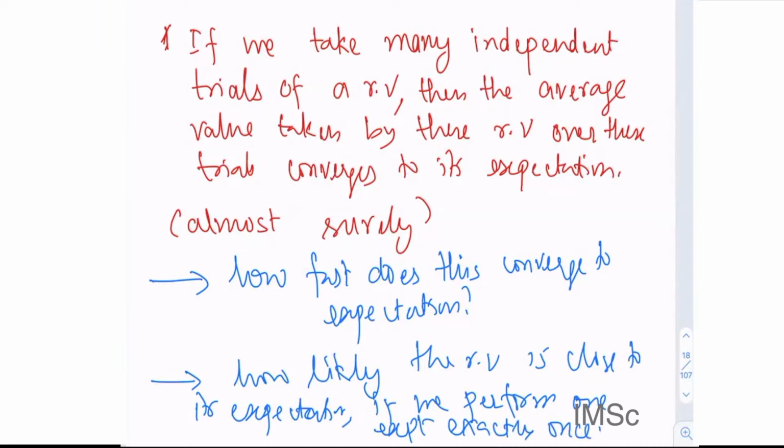From the law of large numbers we can say, let X be so and so, and if N goes to infinity then it converges to this. But suppose I did only one random experiment. Can I still say that the value taken by my random experiment is close to the expectation?